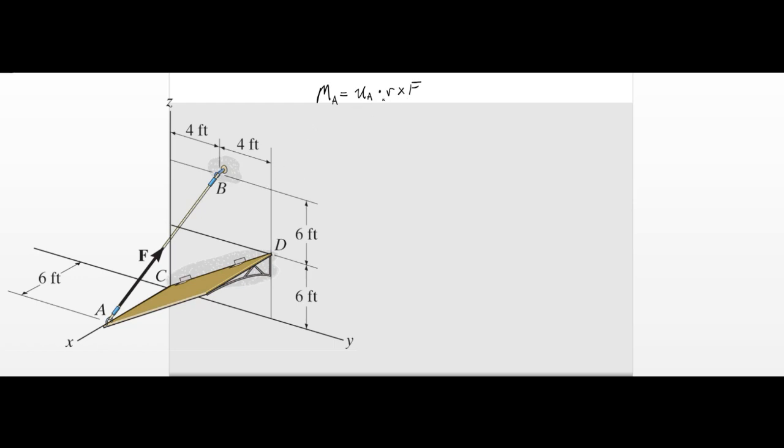For example, the moment about the CD axis is equal to the unit vector along the CD axis dot r cross F.